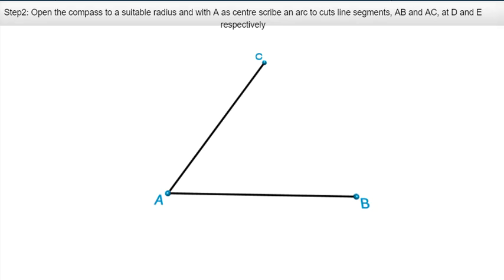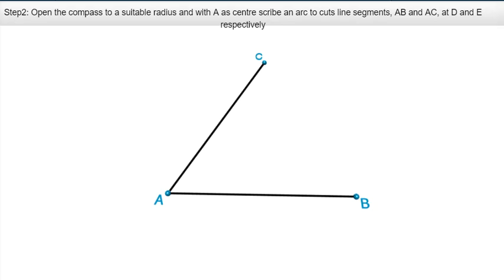So the instruction here, suitable radius, implies that you're going to have to make a judgment. In general, suitable means not too wide and not too narrow. If the radius is too wide, meaning the distance between the metal tip and the drawing point of the compass is too wide, then your construction is going to be too big.